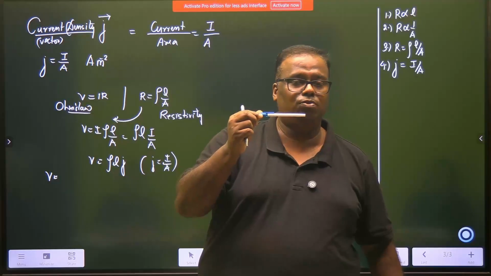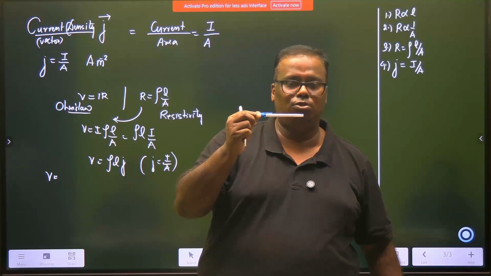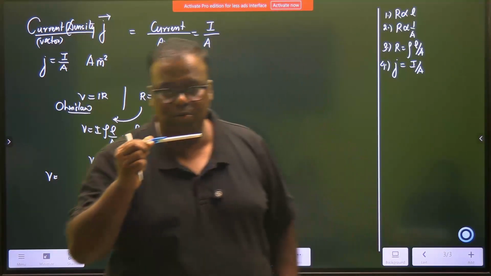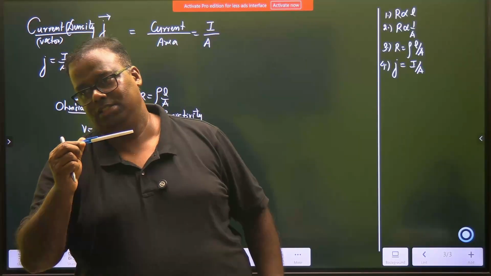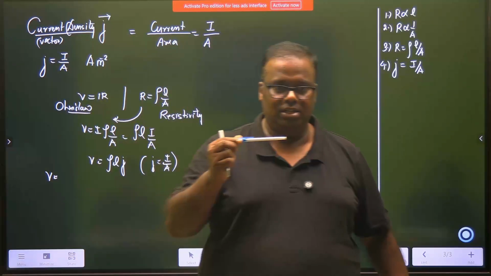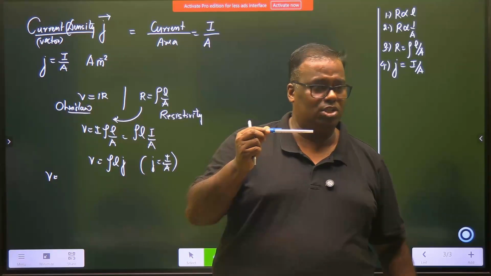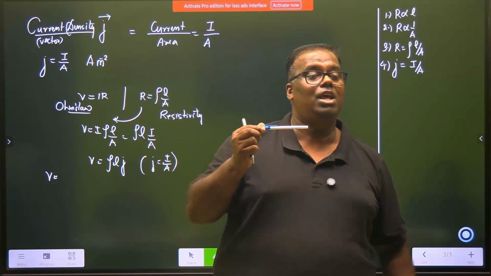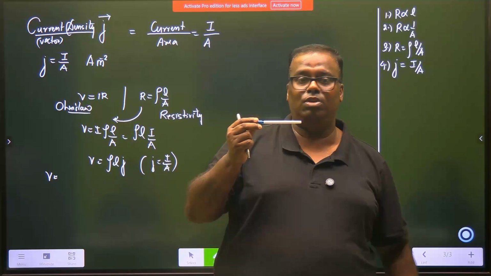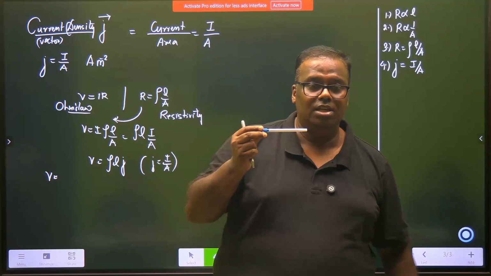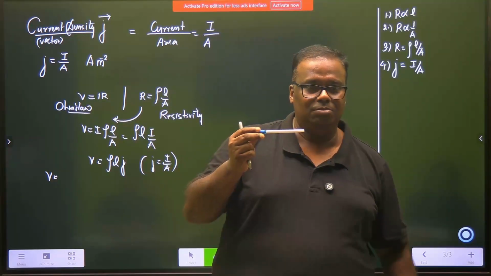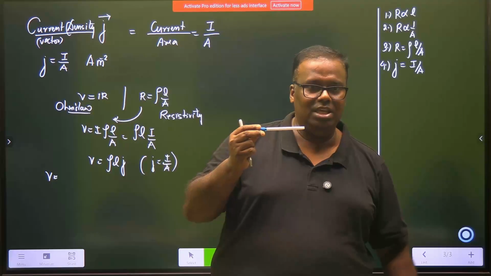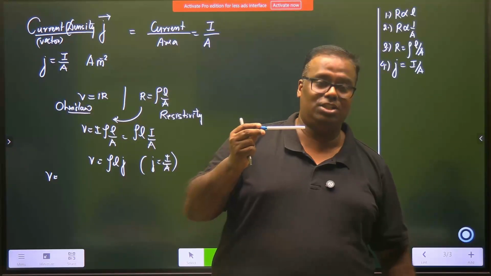In this process of collision, there will be random movement. The overall average movement will be zero. There is no current. Given an electric field, do the collisions end? No, the collisions don't end. But after giving the electric field, every charged particle, that is the electron, will face a force QE. QE will be eE because Q is e now, and eE will be opposite to the direction of the electric field.